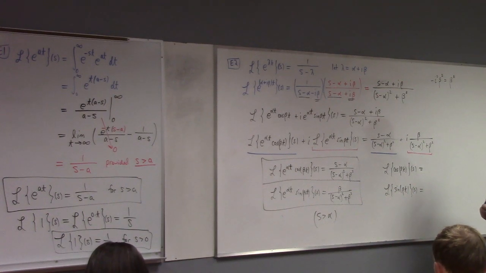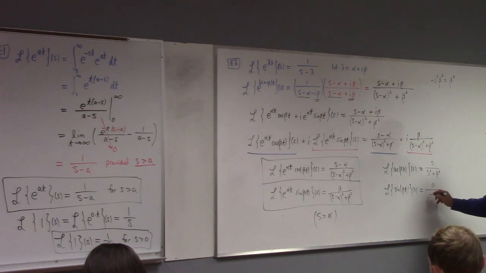Nobody? I mean, it's just right there. You just have to put alpha equal to 0. What happens? S. Mm-hmm. And the other one? Beta, right? Divided by s squared plus beta squared.